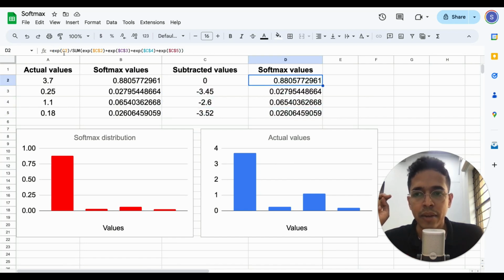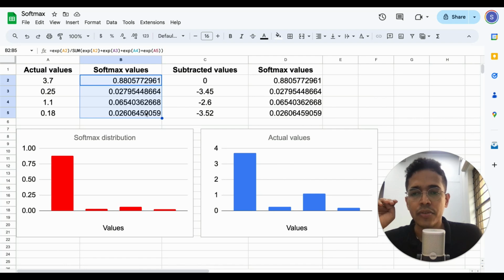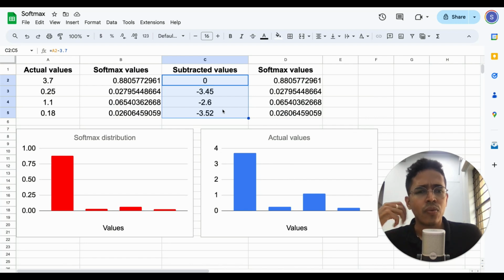You can see in my formula, I have done C2, which is this, divided by the sum of exponent of C2 plus exponent of C3, and so on. So you can see that these values of Softmax calculated on these numbers are exactly the same as these values of Softmax calculated on these numbers. So why do we do this?